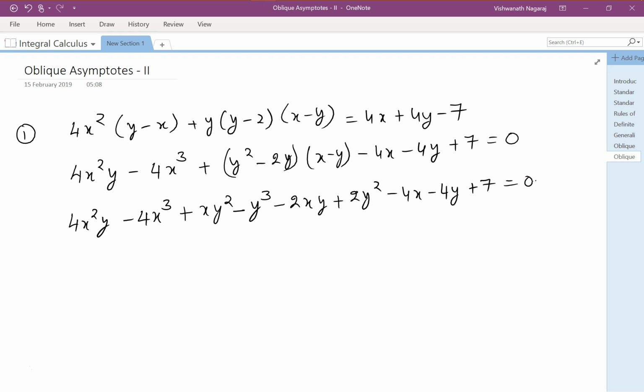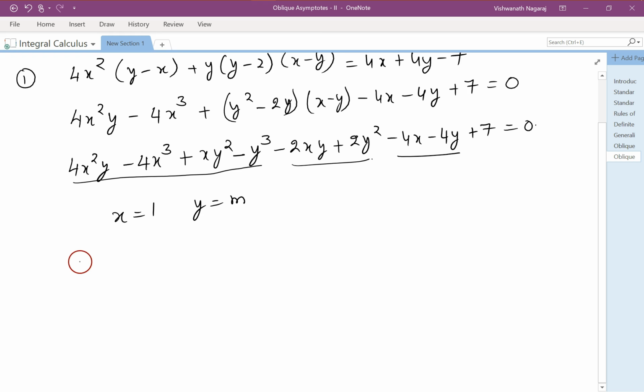Okay, now what we'll do is, remember here the sum of the exponents is 3. So let's group such terms together. 3, 3, 3, 3. So this is one group. 2, 2. So this is another group. Okay. So now let's substitute x equal to 1 and y is equal to m.